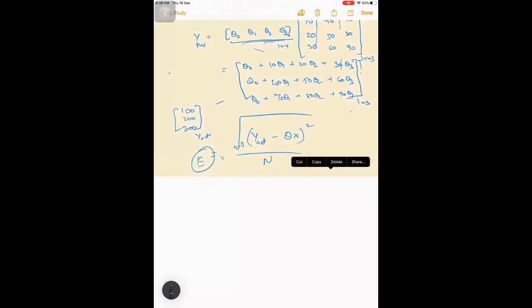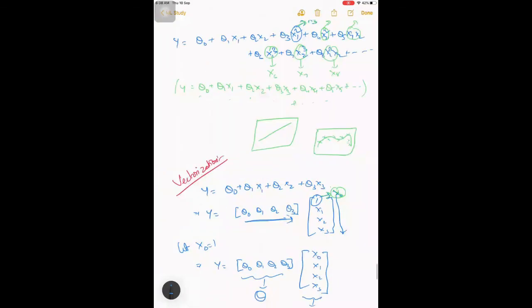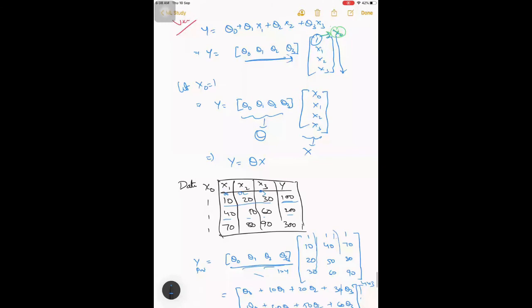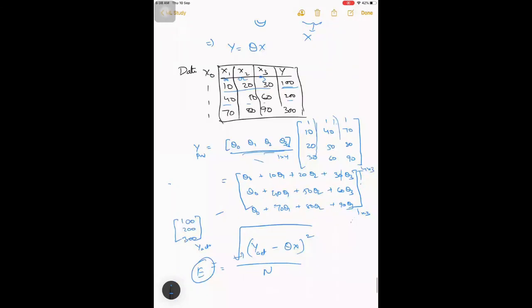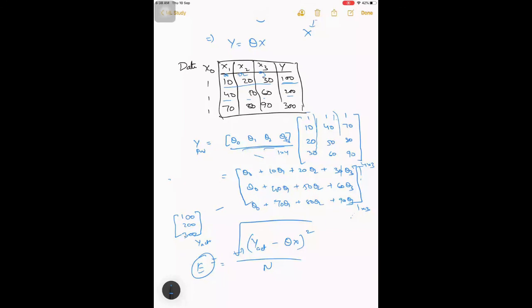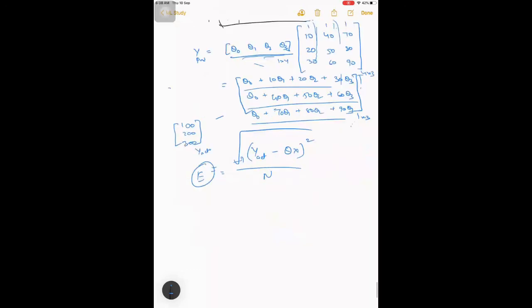But in the earlier case, we were calculating each one at a time and then adding it up, right? Finally, we were adding those things. Now we can do all those things in parallel, just that we are representing it in a matrix format. So the entire calculation will happen at once.